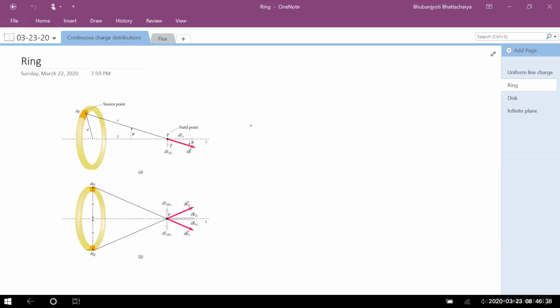Is the net vector going to be along this direction, let's call that A, in this direction, B, in this direction, C, or in this direction, D? So basically the question is, what is the direction of the dE1 vector plus the dE2 vector? The majority said it is B, and B is indeed the correct answer.